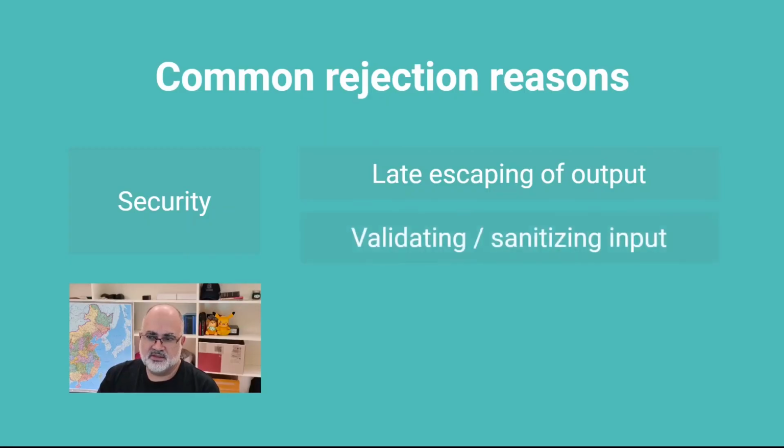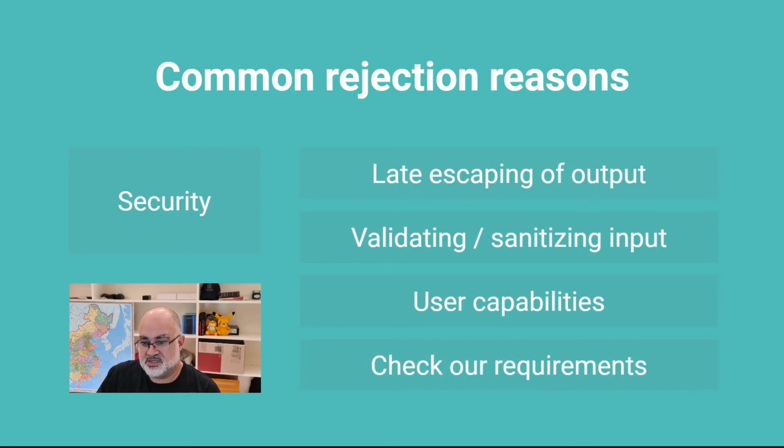Okay, as well as that, there's a bunch of other security things you need to be aware of: validating and sanitizing input. User capabilities is something we see people doing wrongly a lot, not putting user capabilities in there. But there's a whole bunch of things. So go and check our requirements and read all of those and make sure that you're doing those things. Security is just so important.